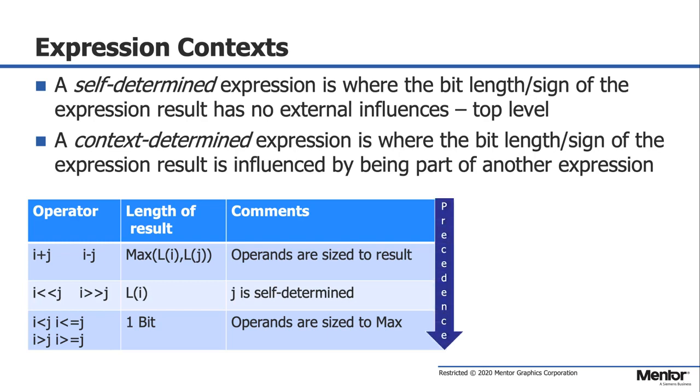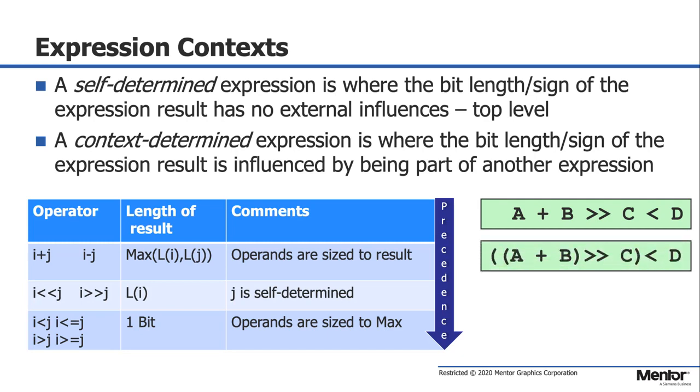And then there's precedence. We know that the arithmetic operators have a higher precedence than the shift operators, which have a higher precedence than the relational operators. So that means when we see the expression a plus b shifted by c less than d, we know that because of the precedence rules, we're going to evaluate the addition first, followed by the shift, followed by the less than relational operator.